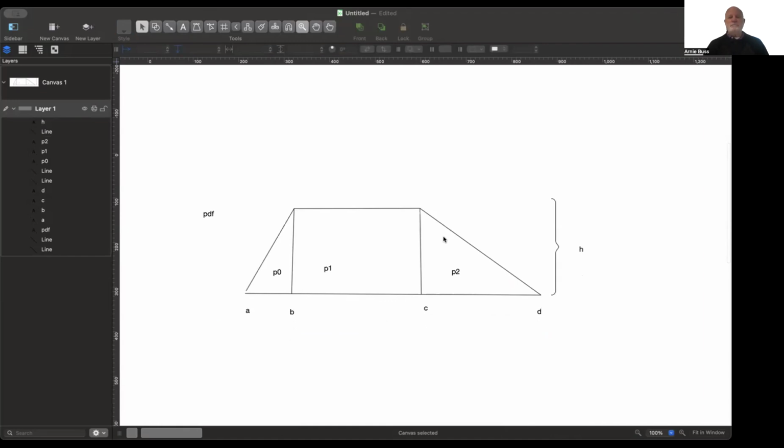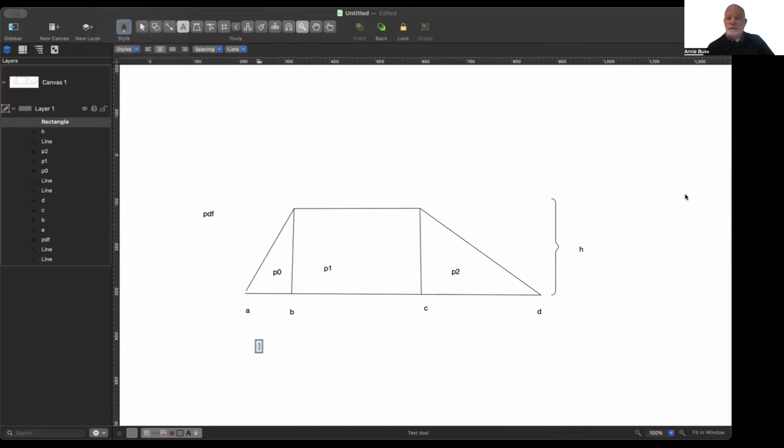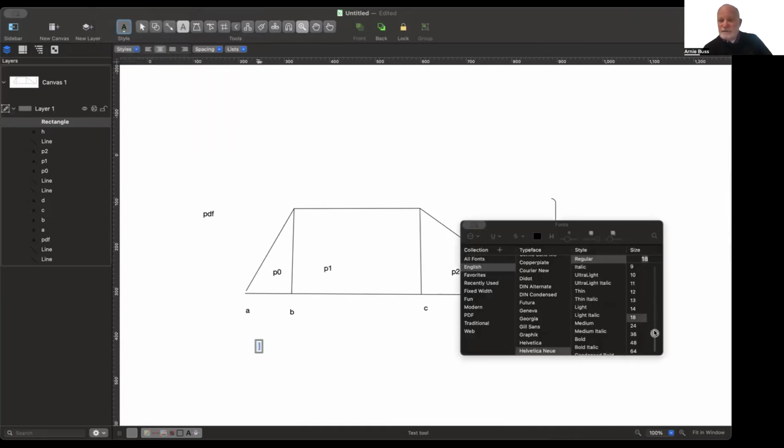But here's the thing: breaking it up into the pieces can actually help me determine that. Why? So here, let's make this a little bigger. Let's maybe make it 24 points so everybody can see it.